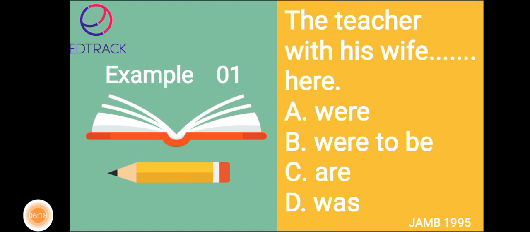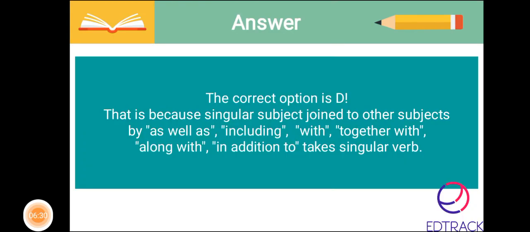Why is it was? So this is going to take us to the rule of Concord that explains why this is actually the way it is. So like I said, the correct option is D. And that is because when you have a singular subject, and this particular singular subject is joined to other subjects by words like as well as, including, with, together with, along with, in addition to, I want you to take note of all these words.